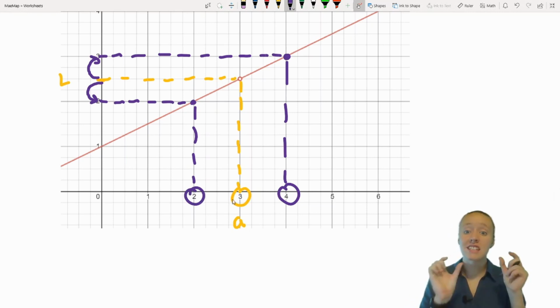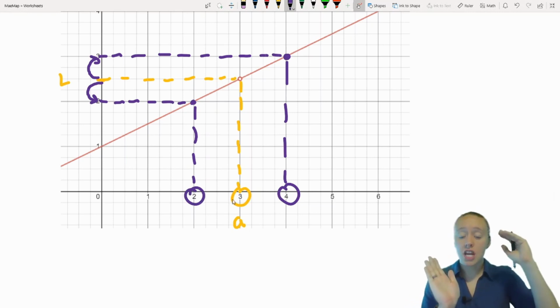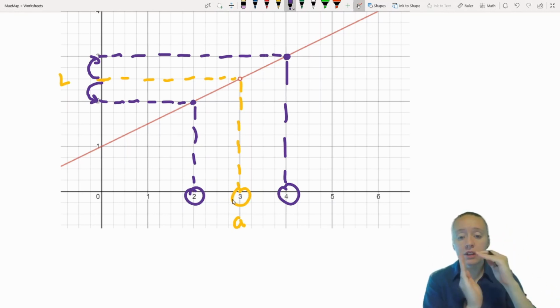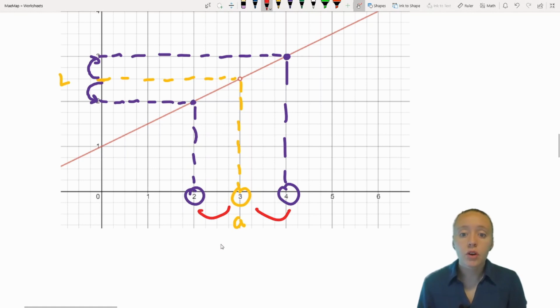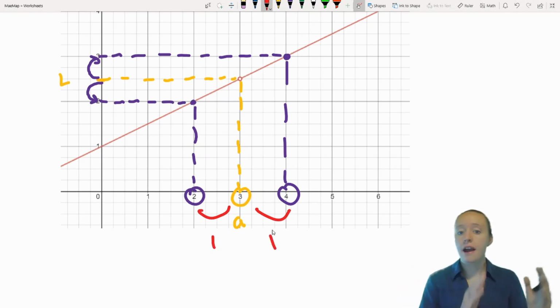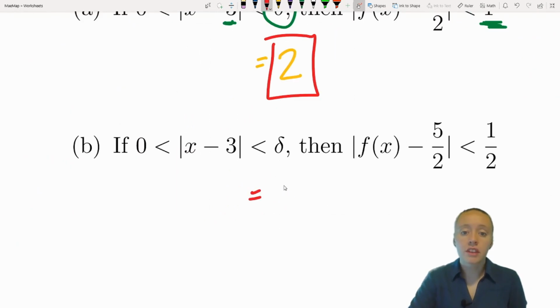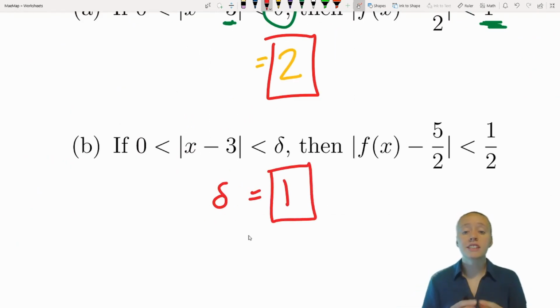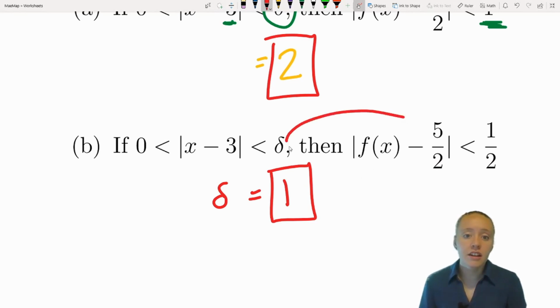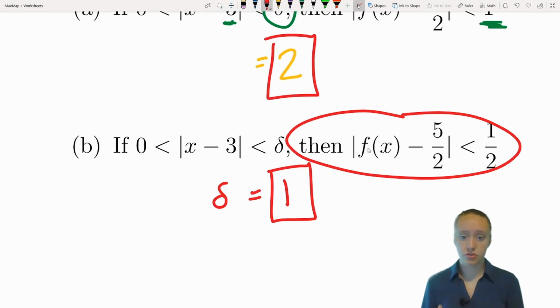Now, what's that delta value where my change in y is always less than 1/2? That's a delta value of 1 unit either way. So delta equals 1. So with delta equaling 1, if 0 is less than the absolute value of x minus 3, which is less than 1, then this is always true.